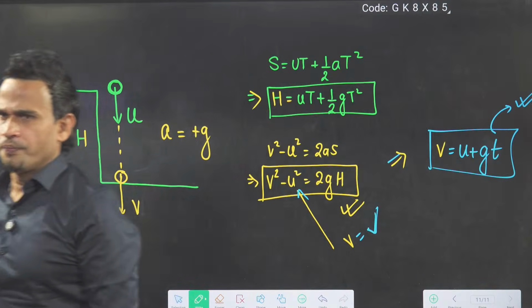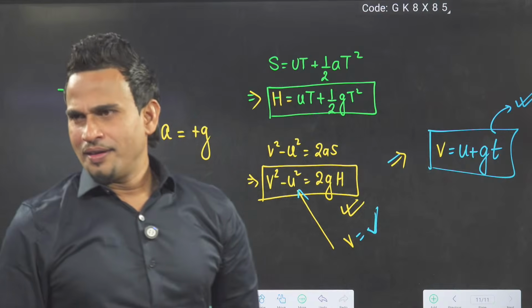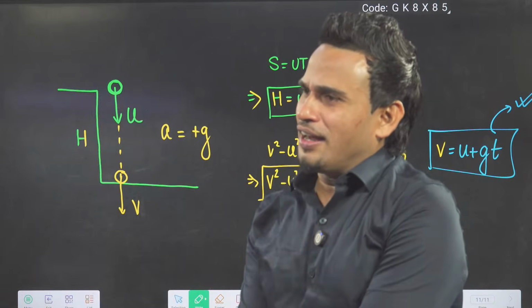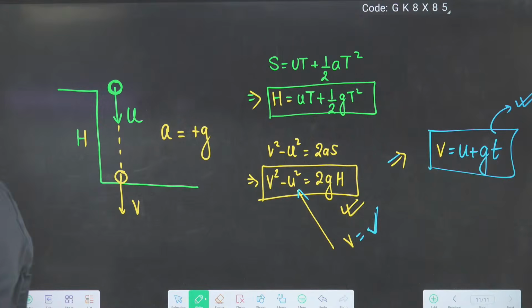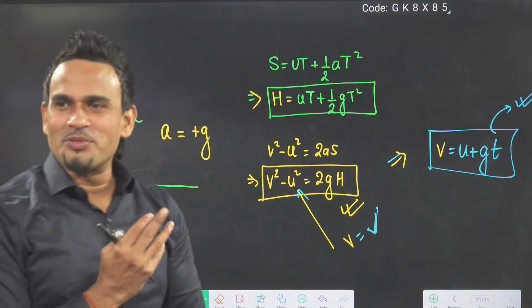This will help you, because we know where you struggle. You are our student, we know. The struggle is not concept, sir. The struggle is the maths which is used.